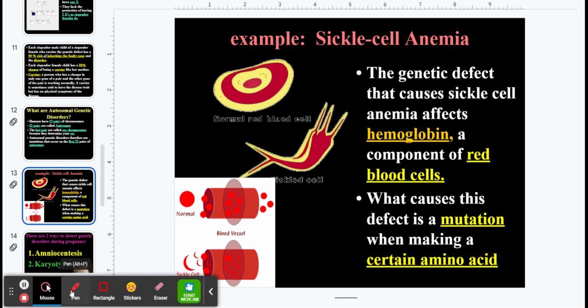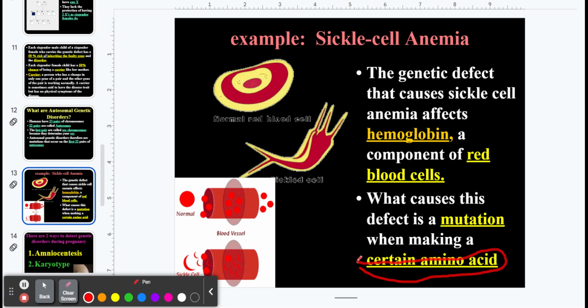When somebody has the genetic marker for this, it impacts how a certain amino acid and therefore a certain protein is made. So instead of the red blood cell looking like a disc shape, like a frisbee, it kind of looks like this shape, which is also called a sickle shape. And so that's where this name comes from. Sickle cell anemia is from that shape.